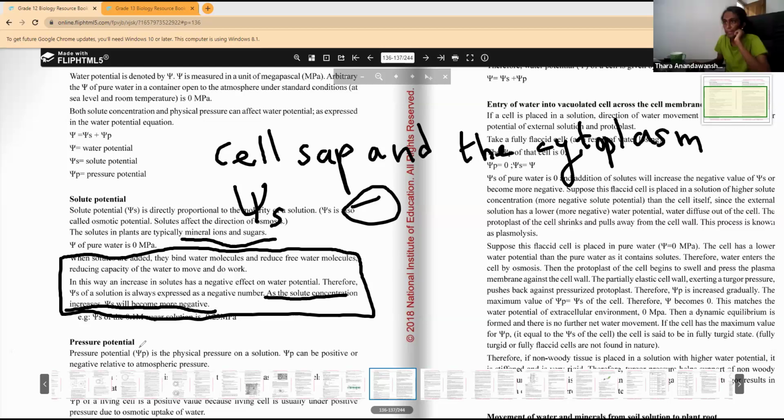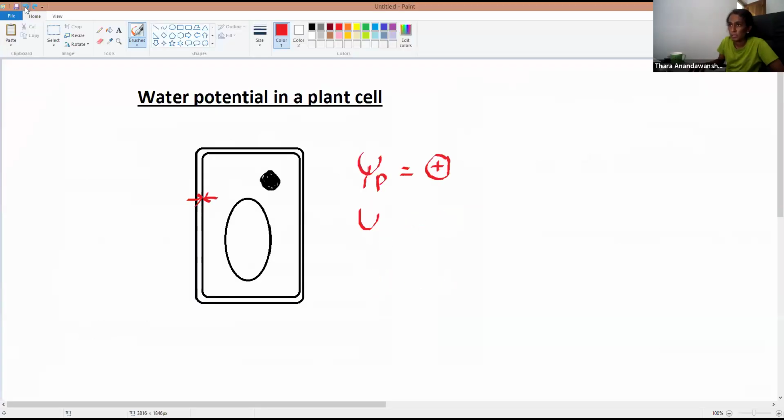Now we are going to calculations of a cell. I'm giving you this cell, you have to draw the cell again. In this cell, psi p value is plus 300 megapascals.